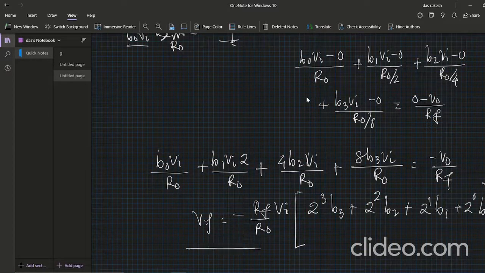So this is the output expression of this digital to analog converter. Just a minute, this is not Vf, this is V0, extremely sorry.